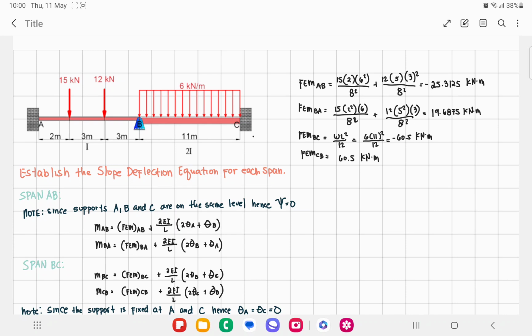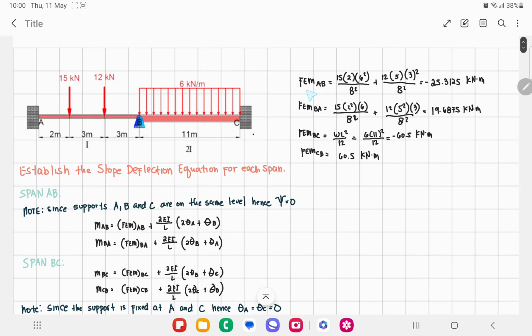So, first things first is to solve for the fixed-ended moment since meron tayong indeterminate beam na given, okay? So, solving for FEMAB, AB muna.